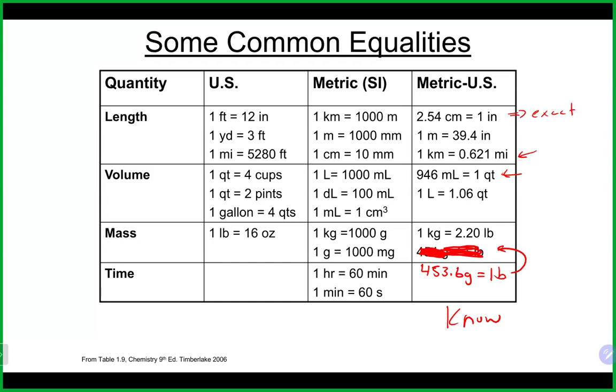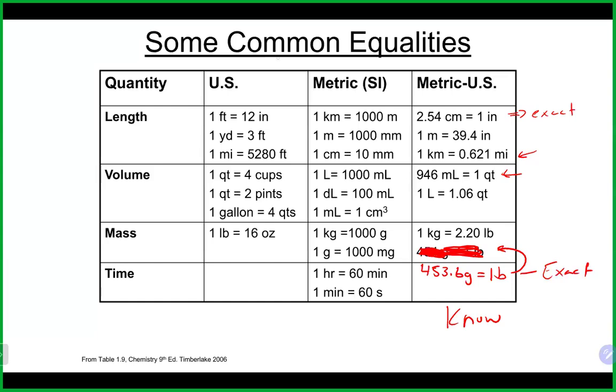Let's talk about significant figures. We talked about when we do calculations, we really want to look at either sig figs or decimal places, but what is considered an exact number and what is considered a measured conversion? So here's the deal.